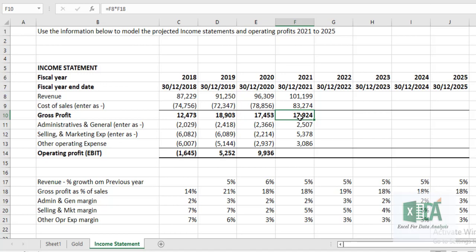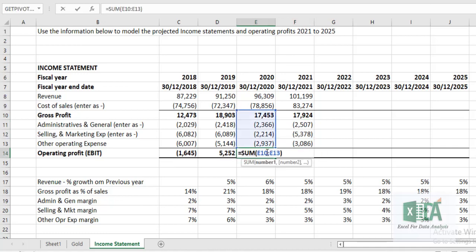But in this case, we were given gross profit already. So we're going to use gross profit to arrive at the cost of sales. So here, let's put all this in negative to ease our summation. Okay, we're going to copy this down, Control D, down.